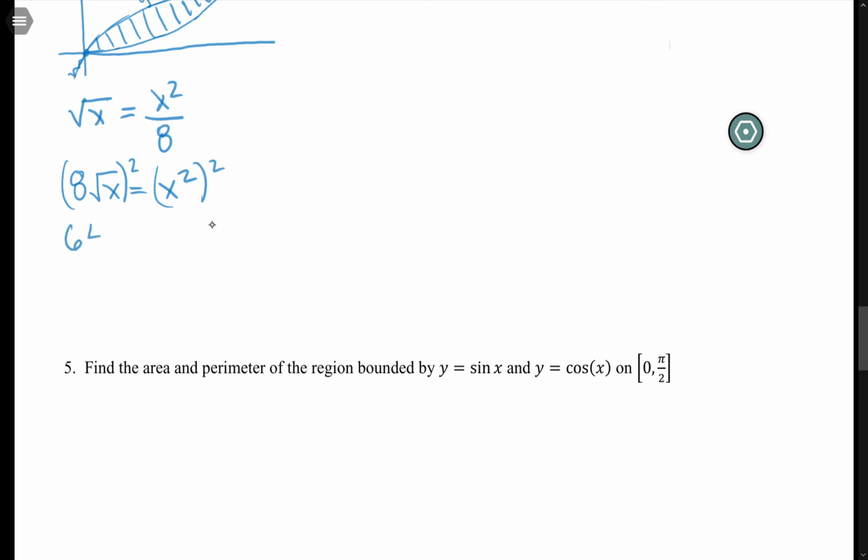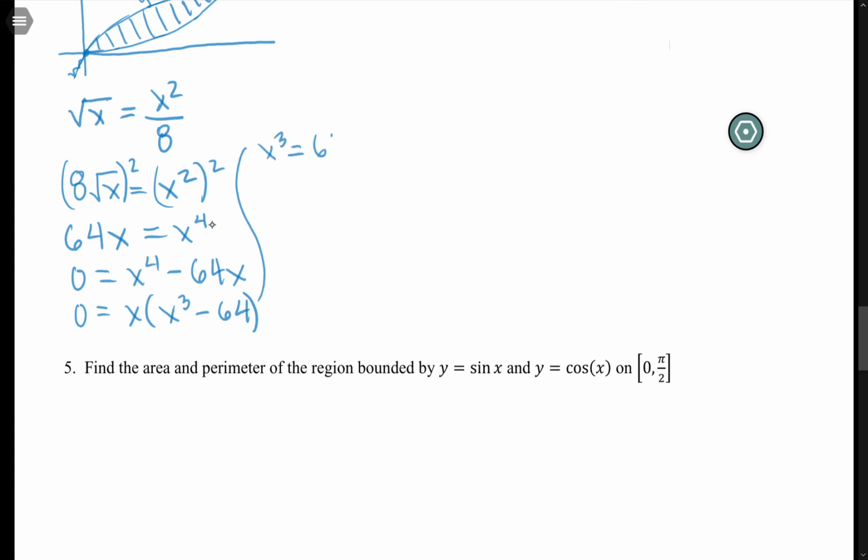So I have 64x equals x to the 4th, which means x to the 4th minus 64x equals 0, which means either x equals 0, which we already knew, or x cubed equals 64, which means that x is 4. 4 times 4 is 16, and 16 times 4 is 64.